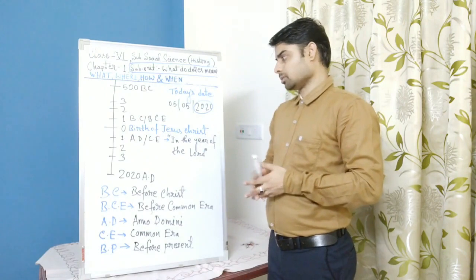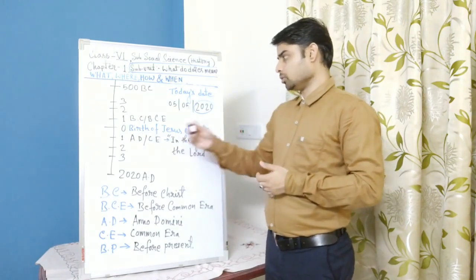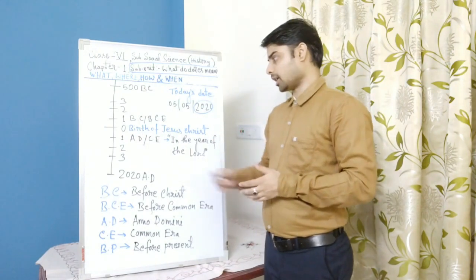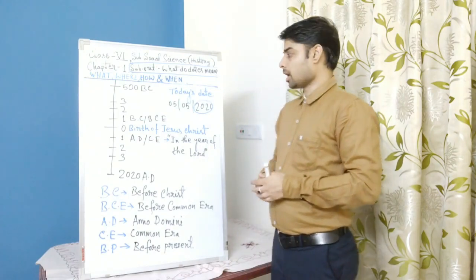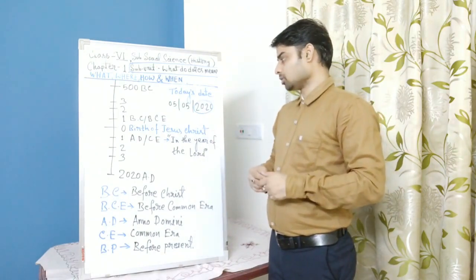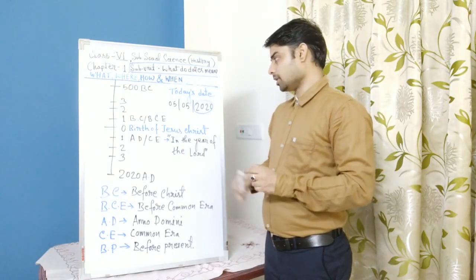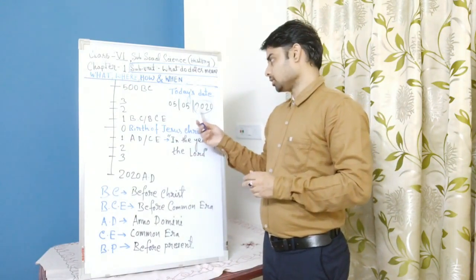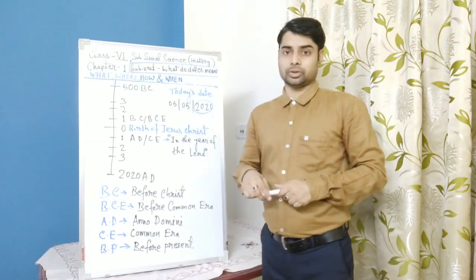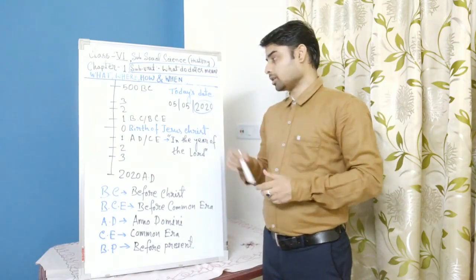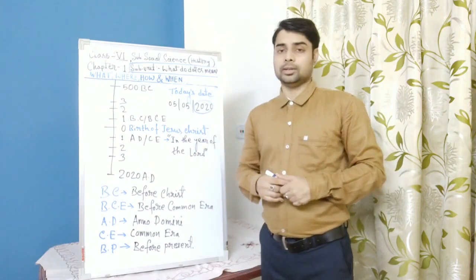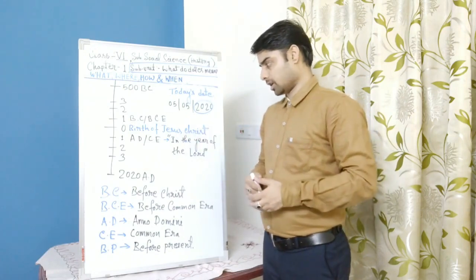So Jesus Christ was born in which year? That year we take as 0. And after the birth of Jesus Christ, we calculate these years, and today it is 5th May 2020, which means we are now 2020 years after the birth of Jesus Christ.